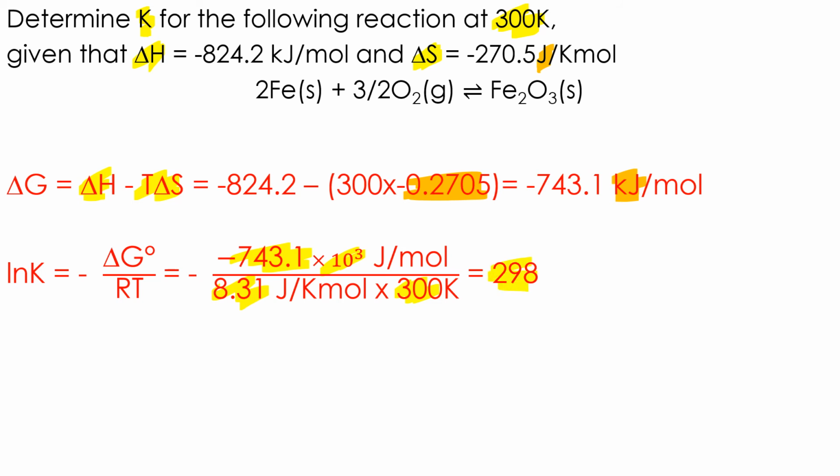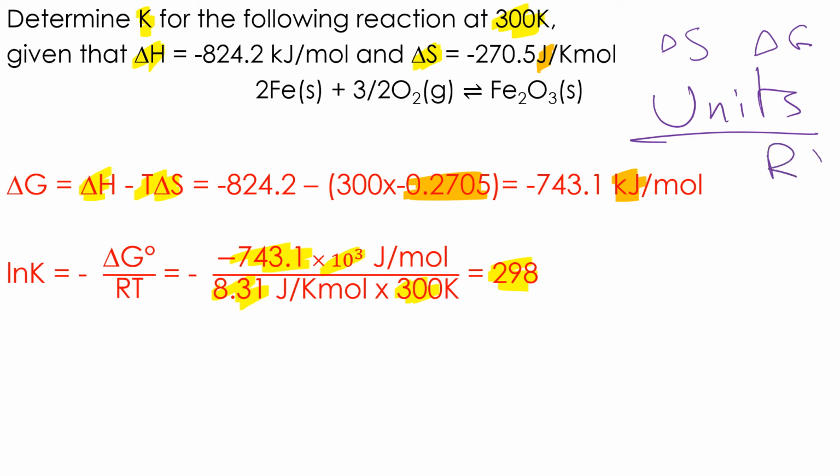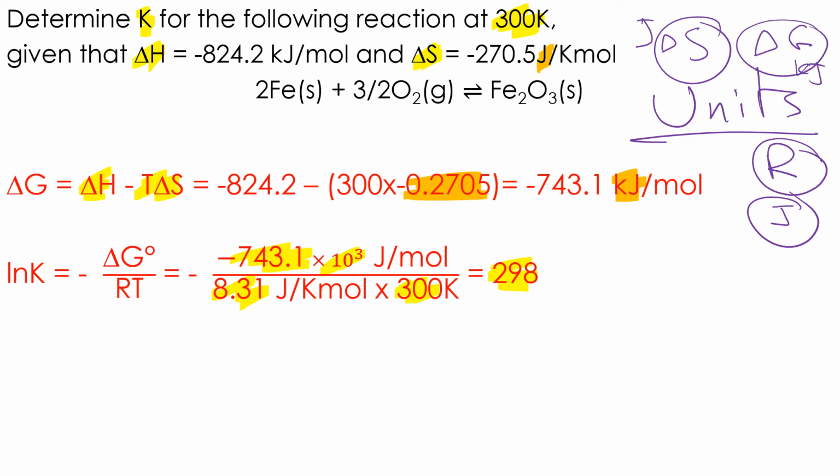The answer is 298. So don't forget about unifying the units, especially for delta S and delta G. And we don't have to forget that R is given in joule, delta S in joule, and delta G in kilojoule. Just consider that when you are using this formula.